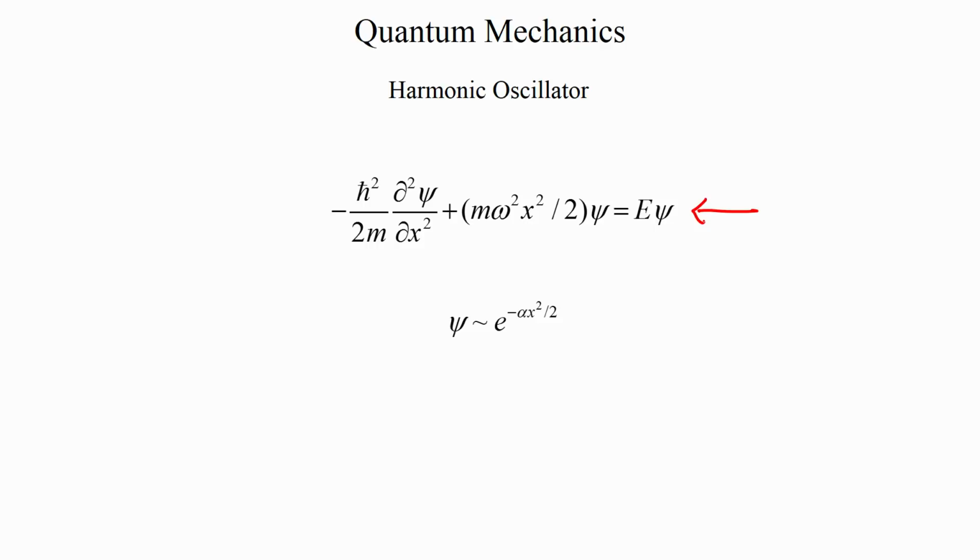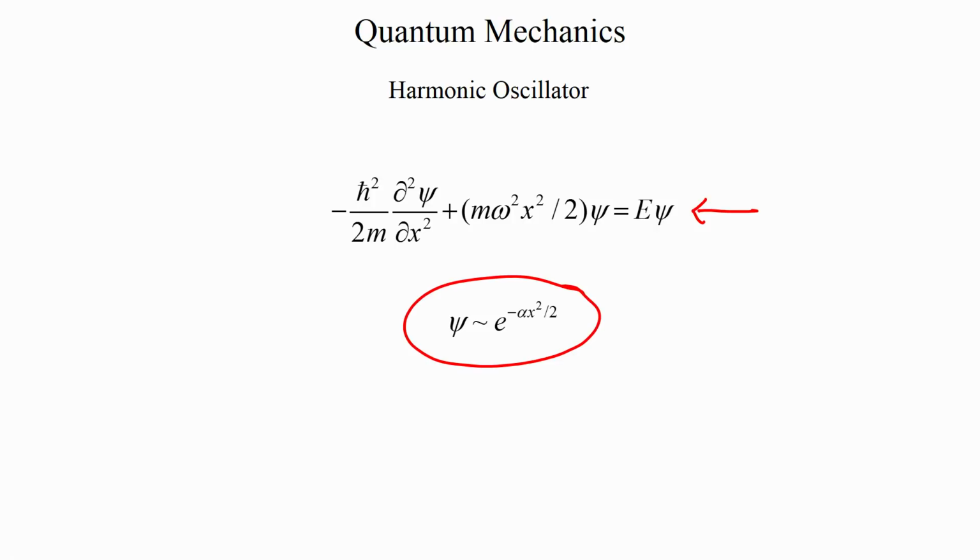Now, how do we solve this? This equation seems to be a little more complicated than the ones you encountered in the case of a particle in a box. So how do we go about solving it? We make a good guess, which is usually the case in many situations. Our guess is psi is equal to e to the power minus alpha x square by 2.